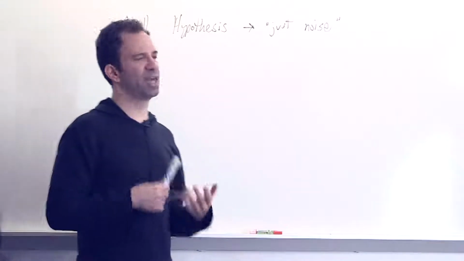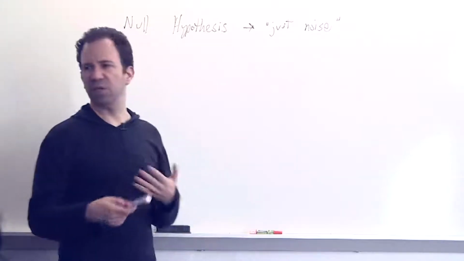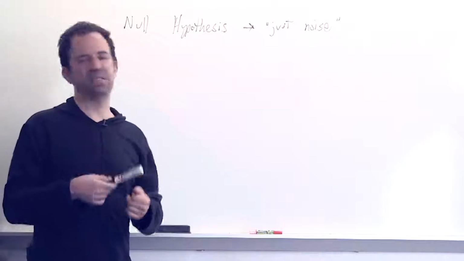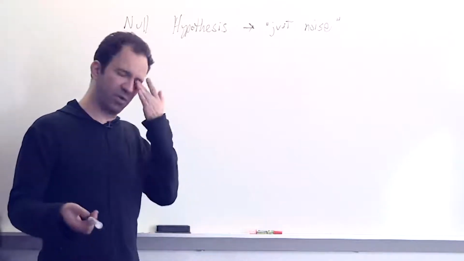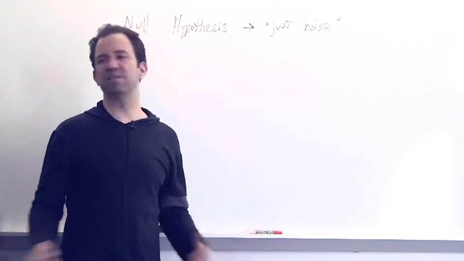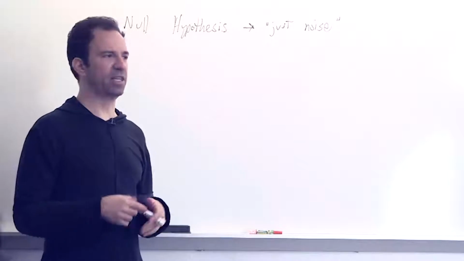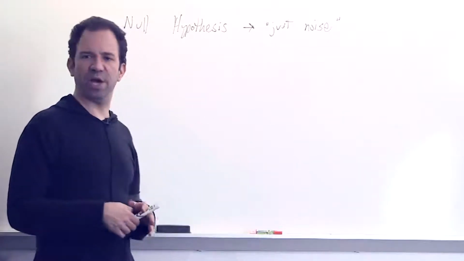Our theory is that what we're looking at, there's actually no pattern in the sense that we care about. The die is fair. There's no relation between location and cancer rate. There's no difference between the two classes. The jobs rate was flat. Whatever it is, we're saying that the actual pattern we see is just noise in some way.